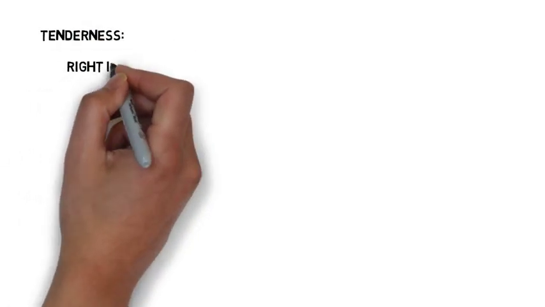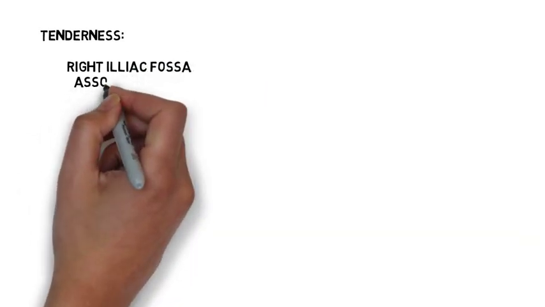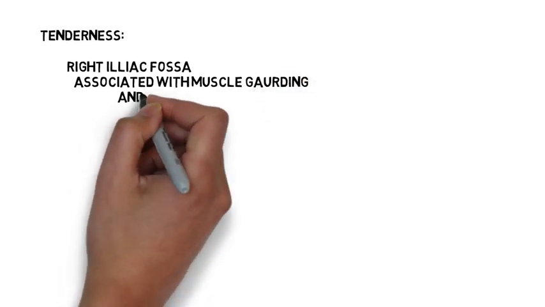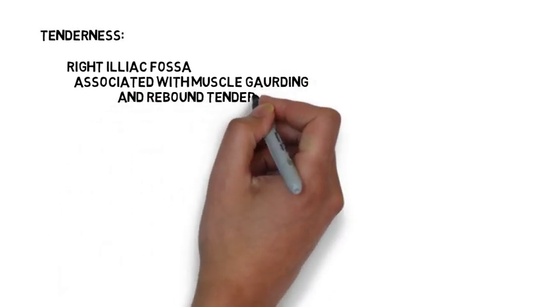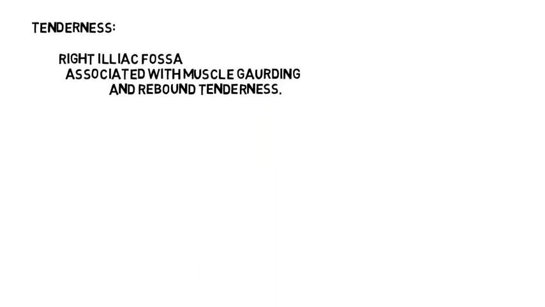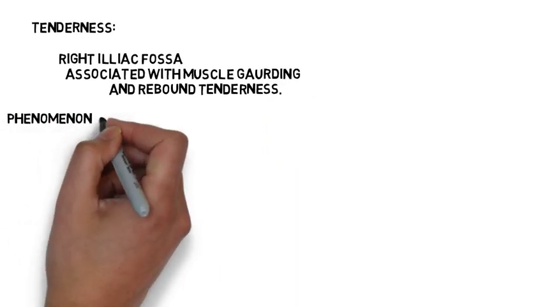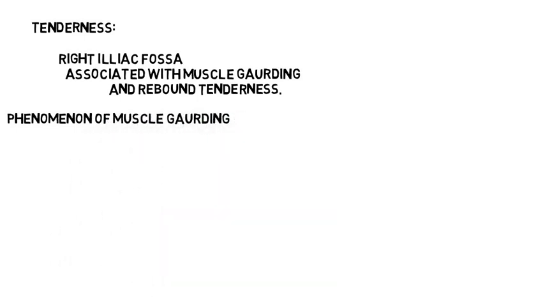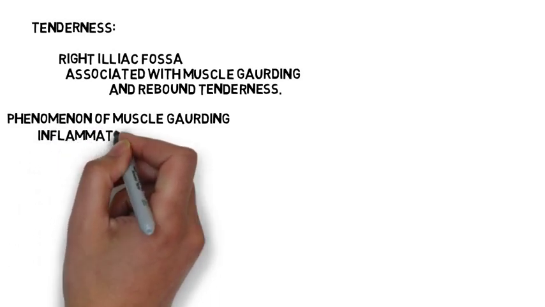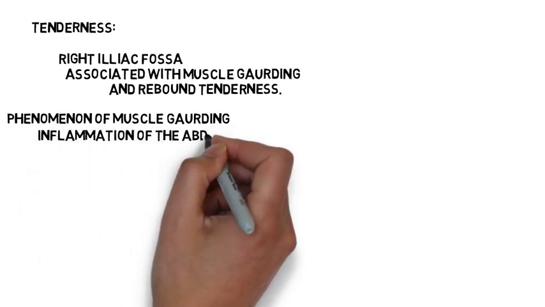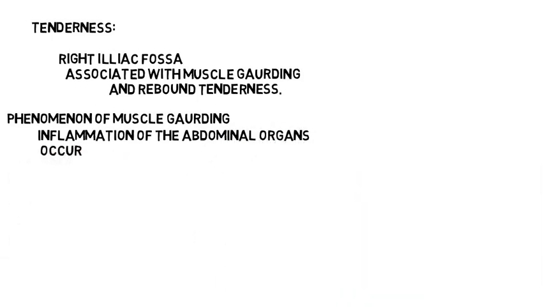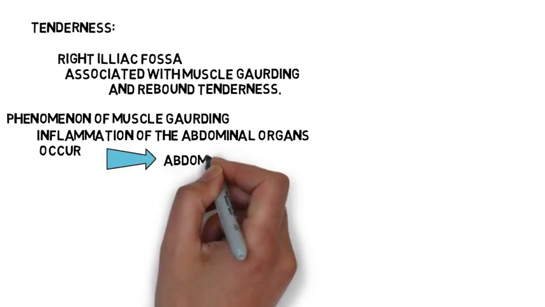Talking briefly about the tenderness, it is usually associated with muscle guarding and rebound tenderness. Muscle guarding is usually due to inflammation of the organs in the abdomen, which causes stiffness or spasm of the abdominal muscle, as you can see in the figure.